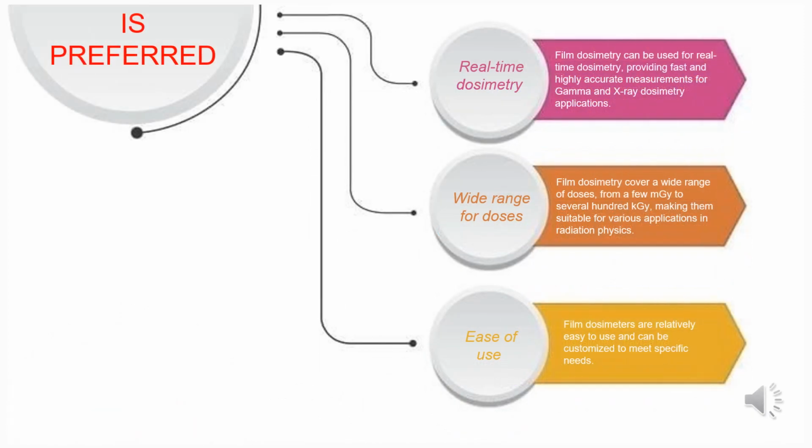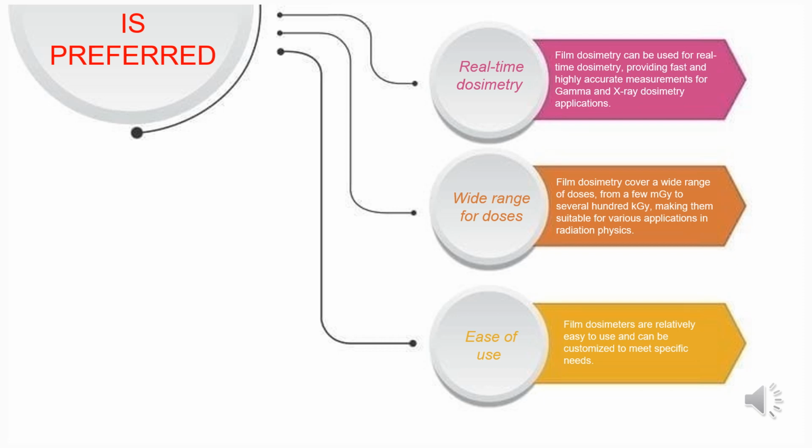Real-time dosimetry. Film dosimetry can be used for real-time dosimetry, providing fast and highly accurate measurement for gamma and X-ray dosimetry applications. And wide range for doses.